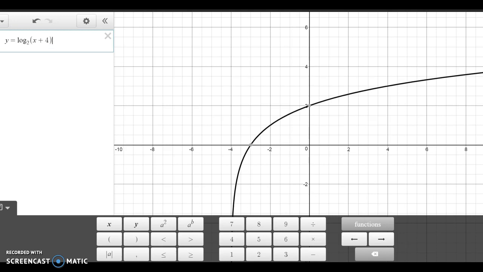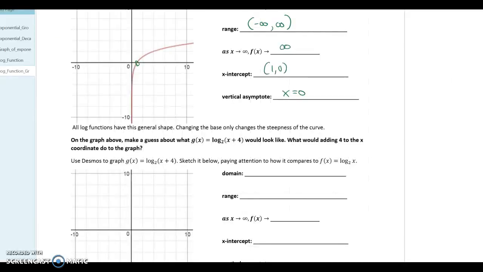It was over here at 1 where the x-intercept was. So that goes back 1, 2, 3, 4 to the left. And our x-intercept is now at (-3, 0) rather than (1, 0). So we give a little quick sketch of that. Again, this normally crosses at 1 right there, so we're going to move it back 1, 2, 3, 4, and it would come in roughly like that.